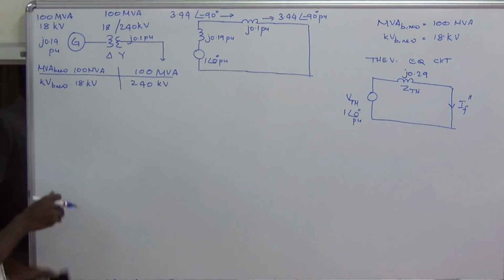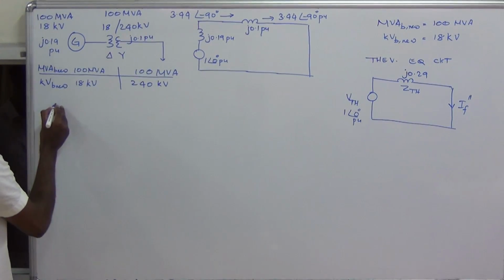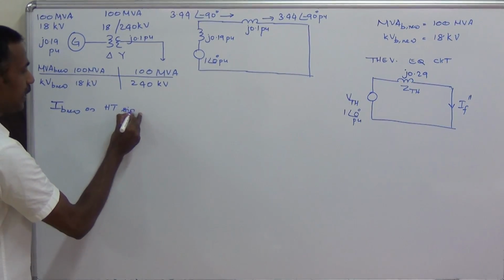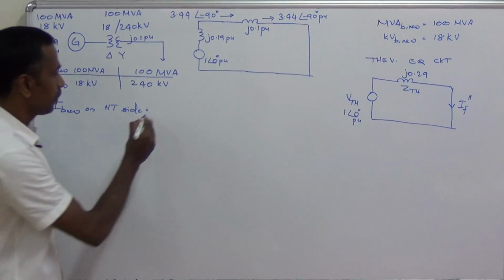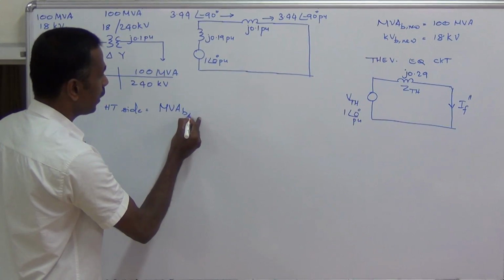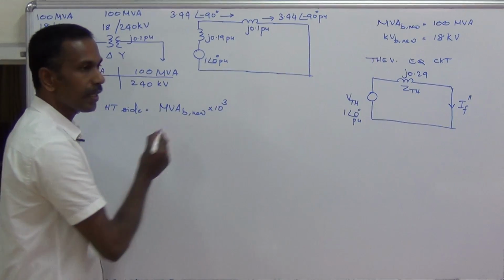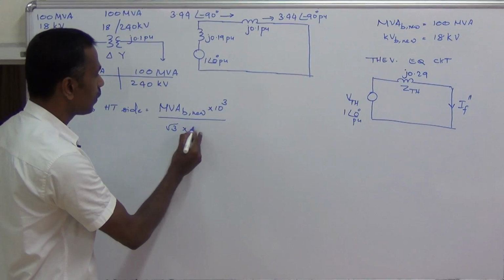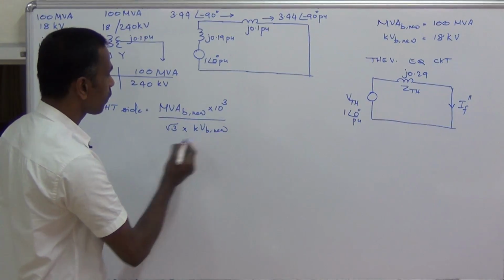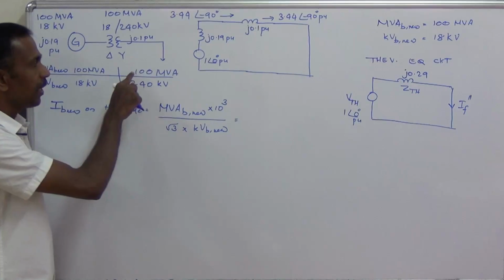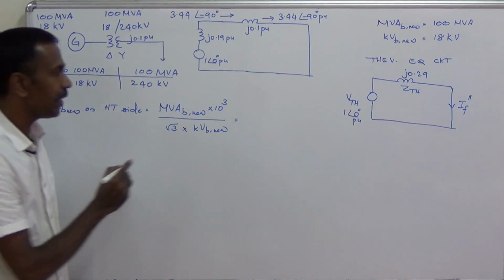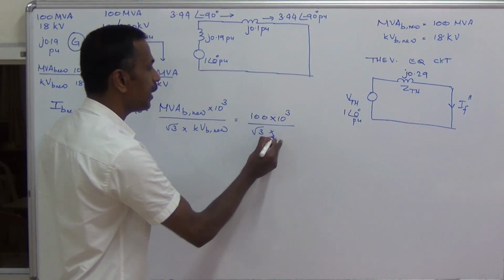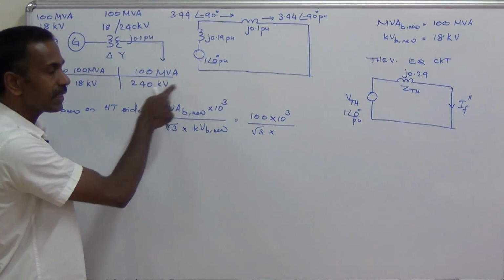Now let us find out the base current on the high tension side. IB new on the HT side is equal to MVAB new into 10 raised to 3 divided by root 3 into kVB new. The MVAB new on the high tension side is 100 MVA, divided by root 3 into kVB new on the high tension side, 240 kV.